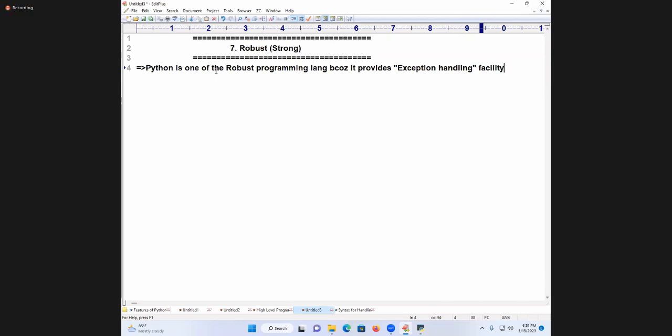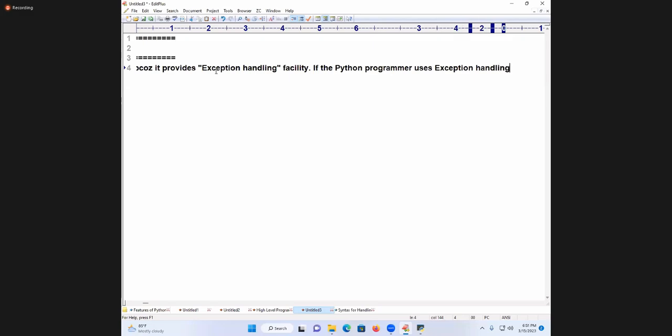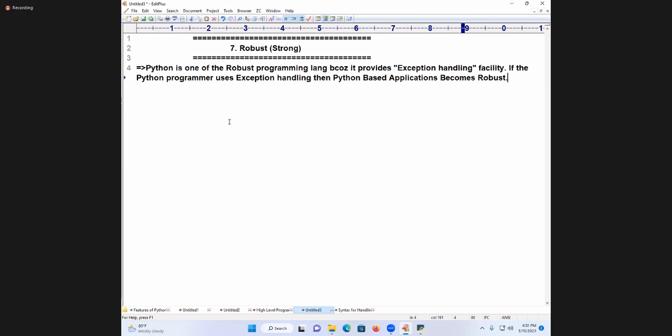If the Python programmer uses exception handling, then Python based applications become robust. Did you understand the meaning of robust, students? Python applications become robust. Did you understand my point here? Yes. So I hope it is clear for you.